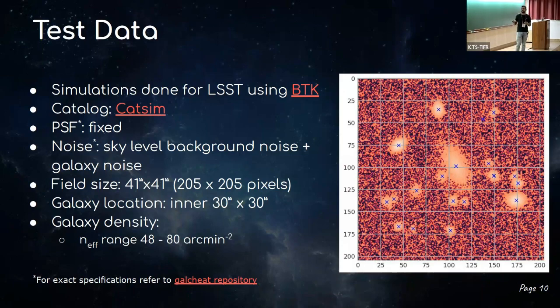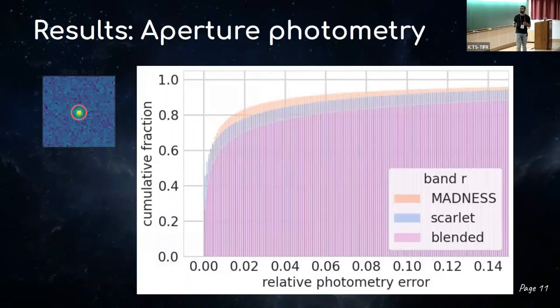So the density here is about 1.5 times higher than what we expect in LSST. And we generate many such fields and then perform the deblending to get our final results. We have around 90,000 galaxies that we'll be evaluating on.